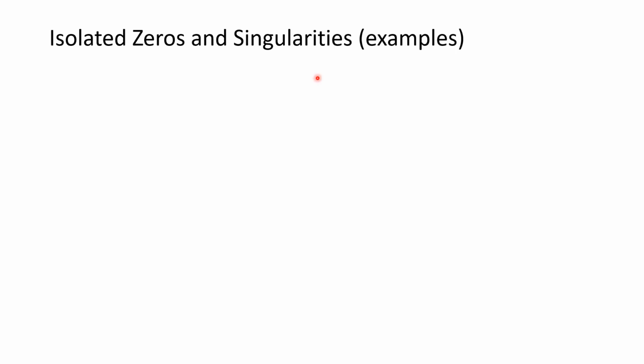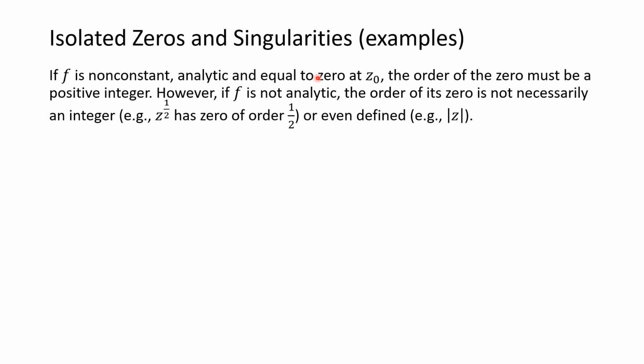So let's look at a couple of examples, or actually counterexamples. If f is non-constant analytic and equal to 0 at z equals 0, the order of the zero must be a positive integer. We saw that from the previous theorems. But if f is not analytic, the order of the zero is not necessarily an integer.